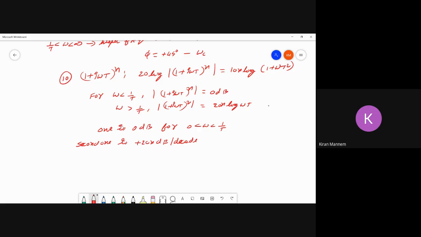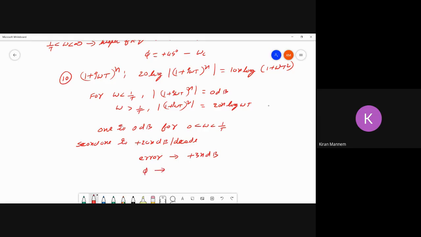So the error would be the same. The error would be plus or minus 3n dB.